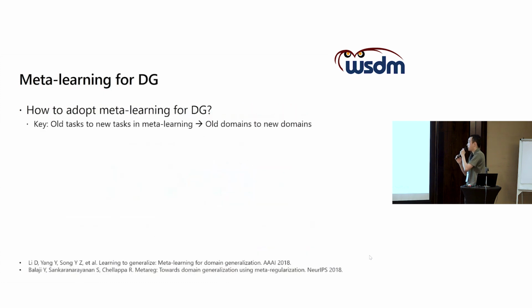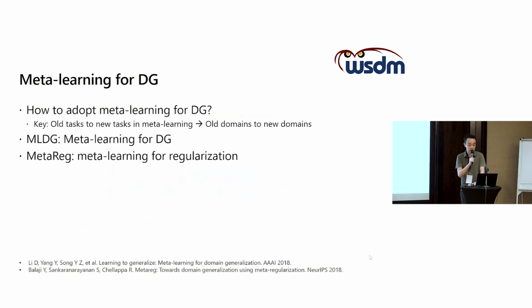Okay, so as mentioned, how to apply this idea of meta-learning for domain generalization is that we want to apply the knowledge learned from the old domains to the new domains, in analogy to meta-learning for the multiple task learning problem.